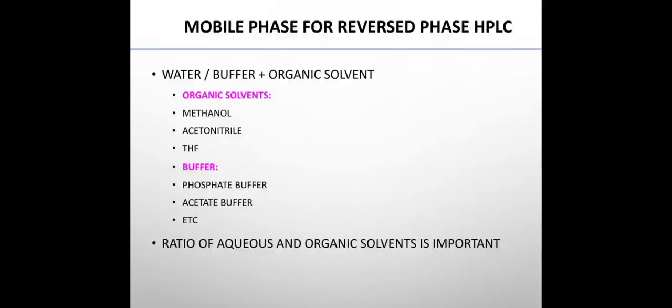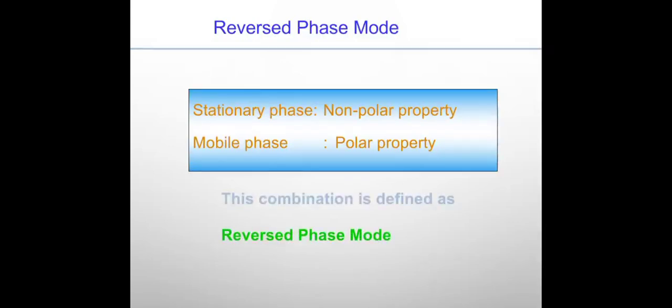So we are using the ratio of aqueous and organic solvents to various extents. They are very important to adjust the polarity. Then, reverse phase mode, as we discussed earlier: the stationary phase has a non-polar property and the mobile phase has a polar property. This combination is defined as reverse phase mode.